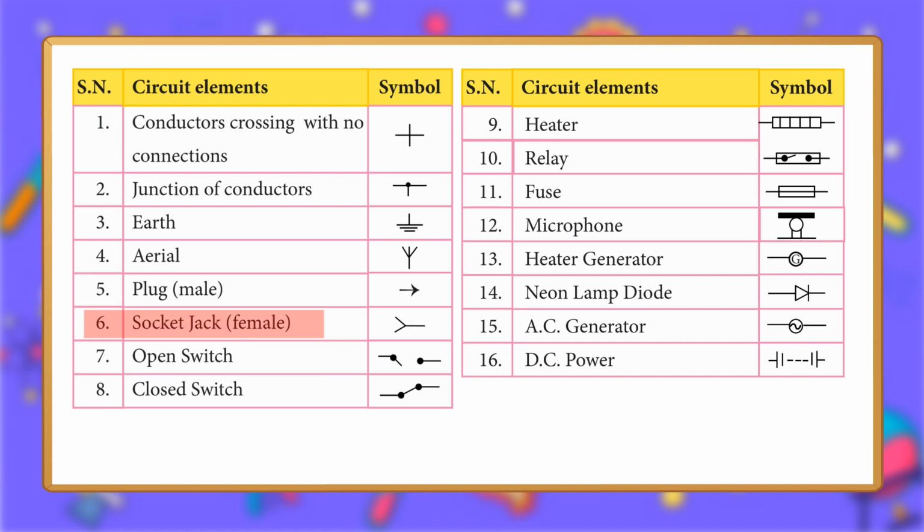Socket jack, female. 7. Open switch. 8. Closed switch. 9. Heater. 10. Relay. 11. Fuse. 12. Microphone. 13. Heater generator. 14. Neon lamp diode. 15. AC generator. 16. DC power.